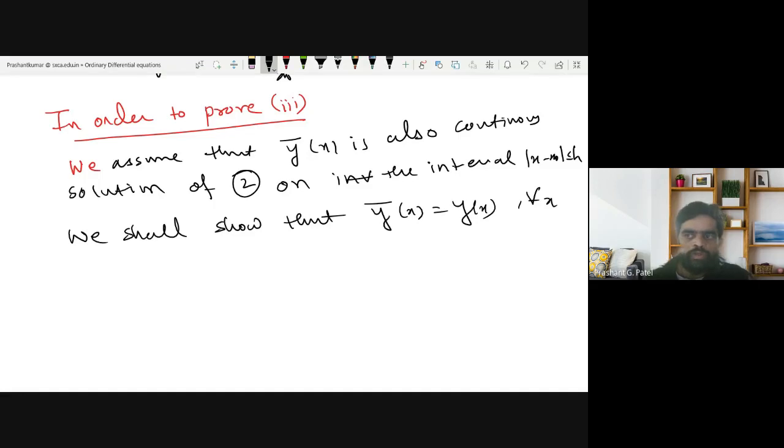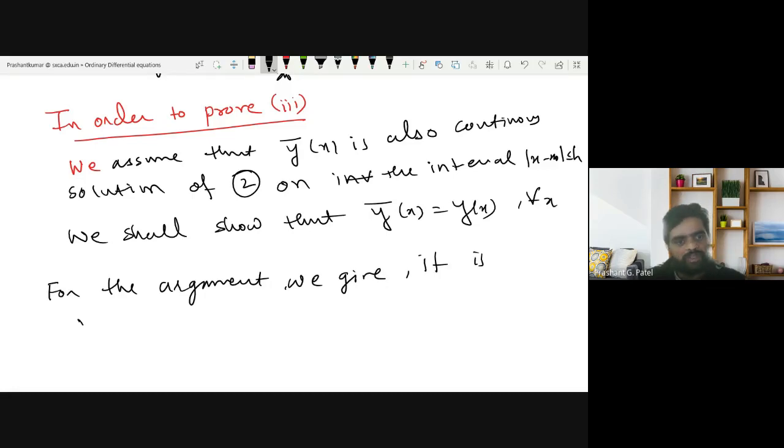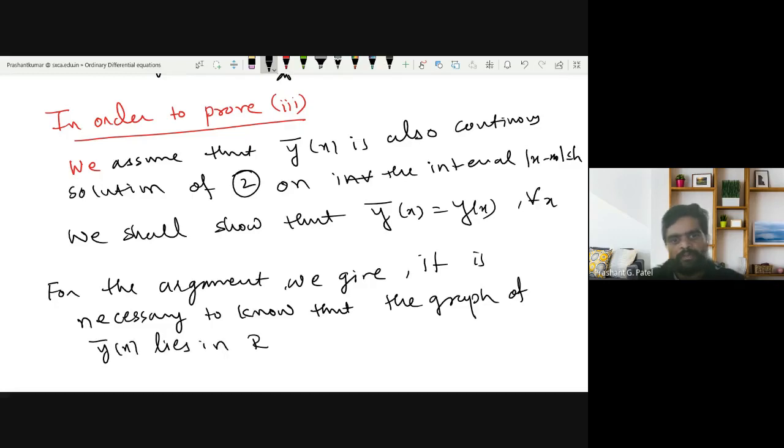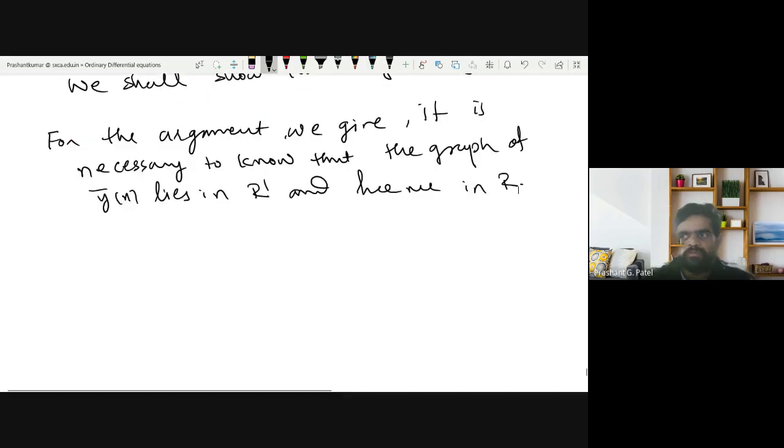So for the argument we give, it is necessary to show that the graph of y bar lies in R dash and hence in R. So let us suppose that this y bar leaves R dash.